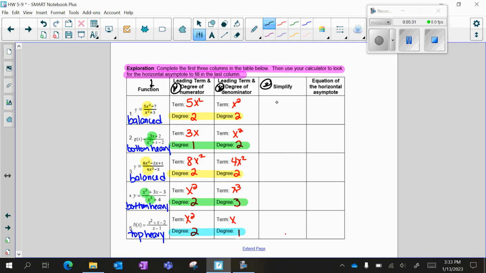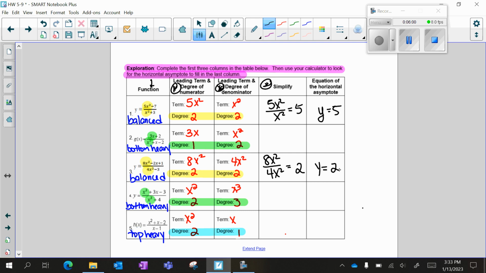So you're going to simplify. I have 5x squared over x squared. That reduces to 5. So the equation of my horizontal asymptote is y equals 5. In number 3, it would be 8x squared over 4x squared. I'm going to simplify that to 2, and my horizontal asymptote is going to be y equals 2.